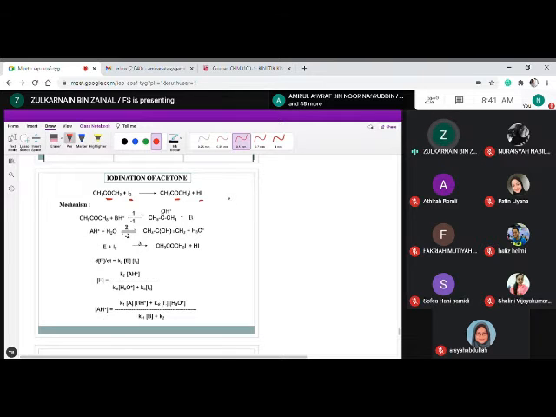As we see, if we have hydrochloric acid, for example, right? Okay, so the mechanism given is shown. The first reaction is a catalyzed reaction. You can see the catalyst, the acid there, is BH plus.